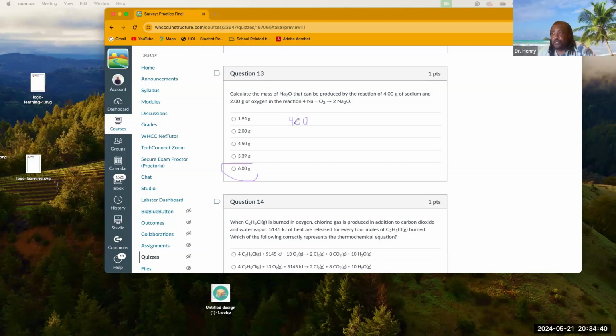4.00 grams. And if I remember correctly, sodium is about 23 grams per mole.